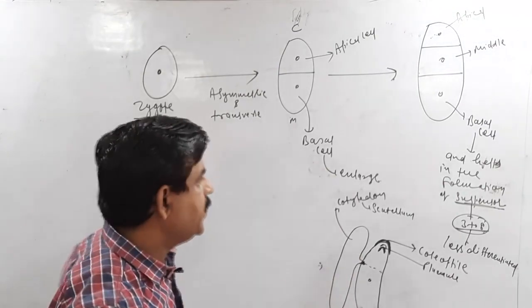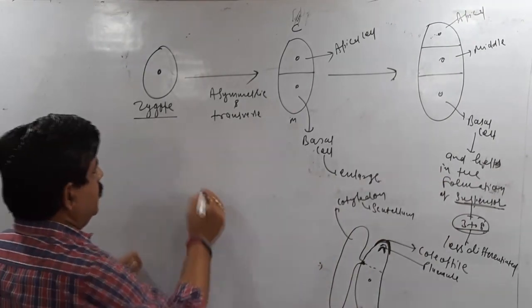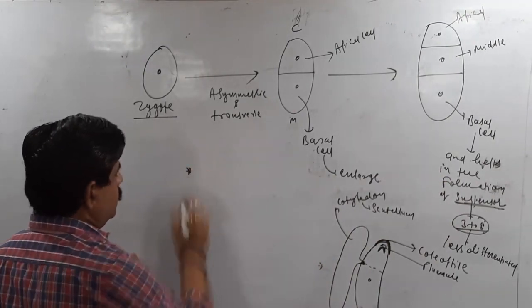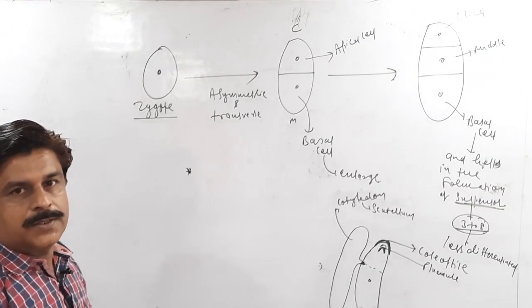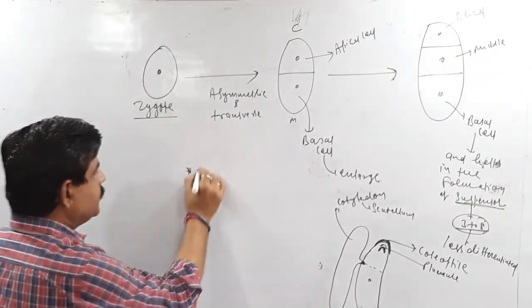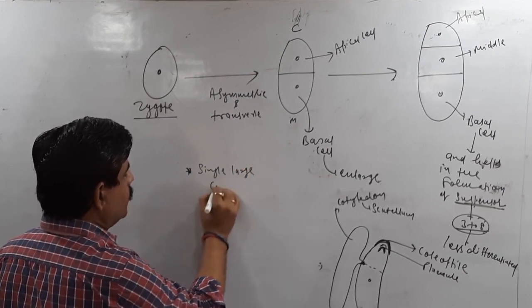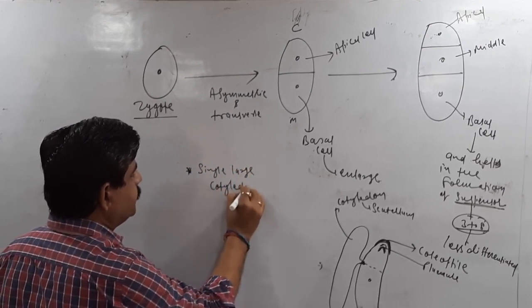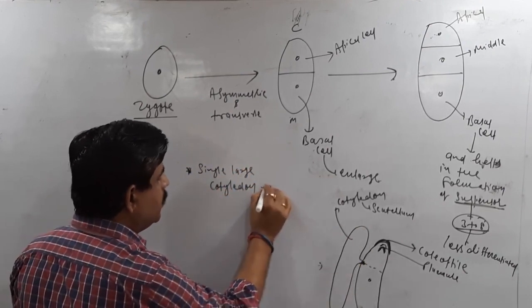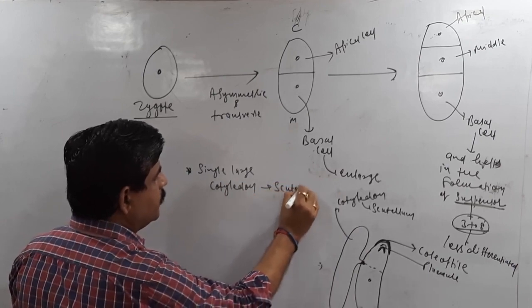Now we will discuss some points here. First is single large cotyledon. The single large cotyledon is called scutellum.